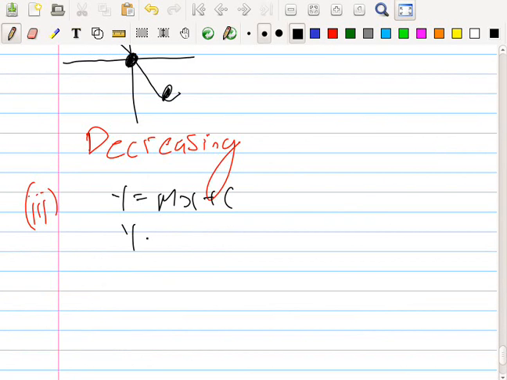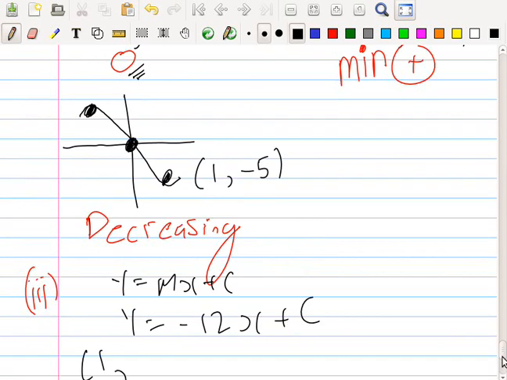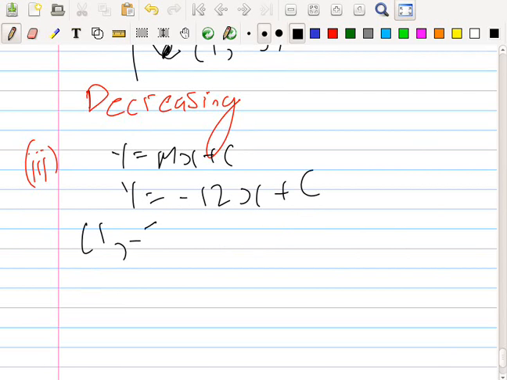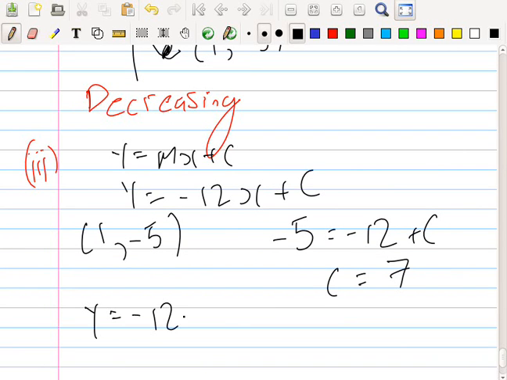So you get y equals minus 12x plus c. How do you find the c? You put in a point. The point is 1 and minus 5. So you get minus 5 equals minus 12 plus c. C is 7, so the answer is y equals minus 12x plus 7.